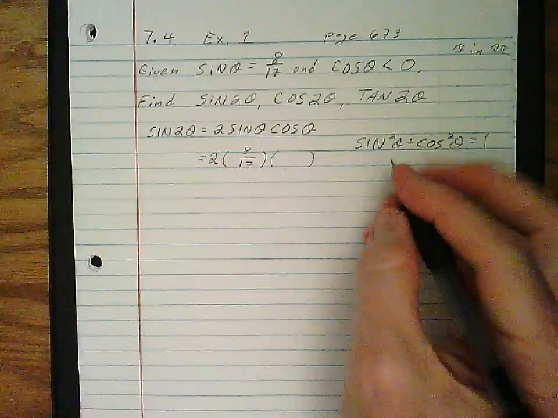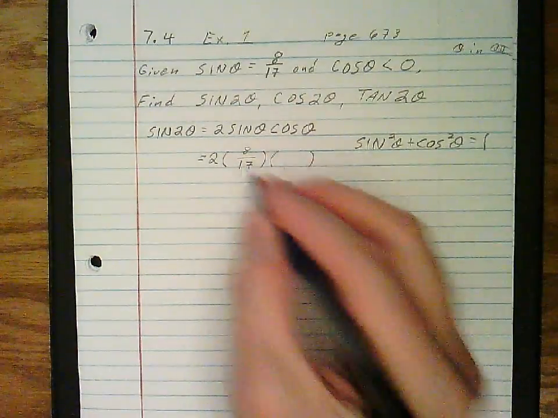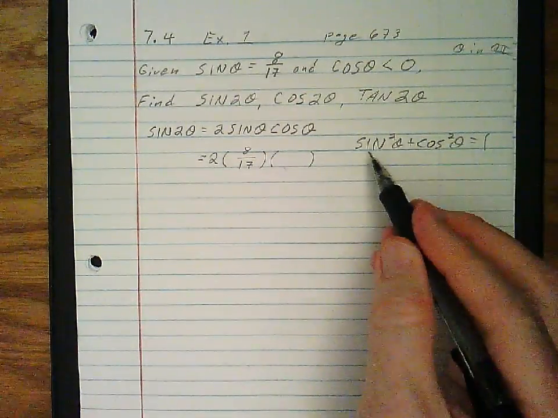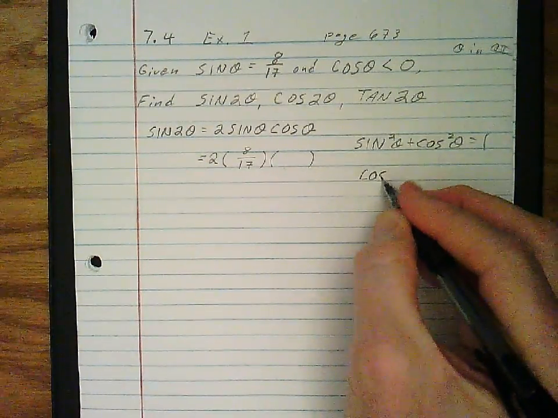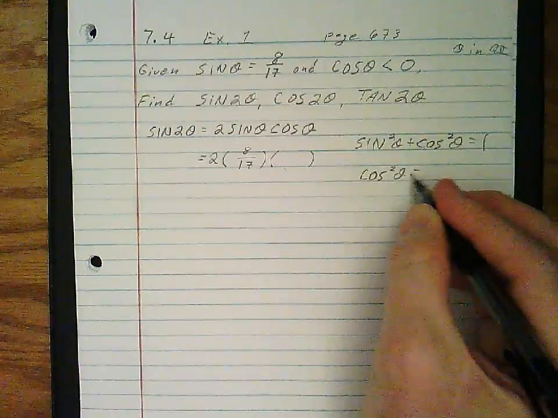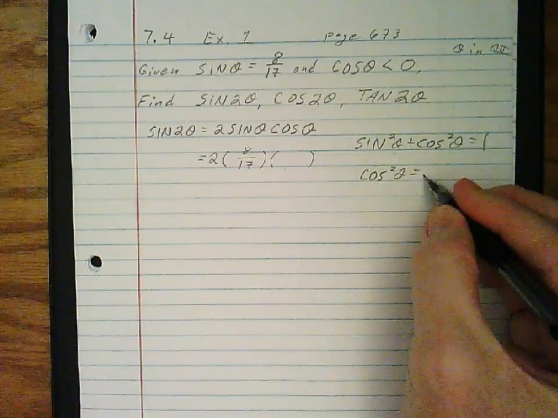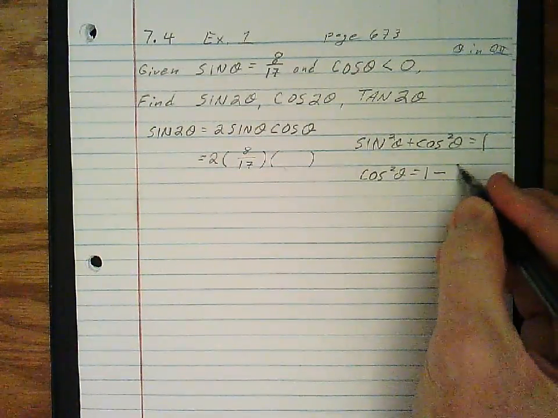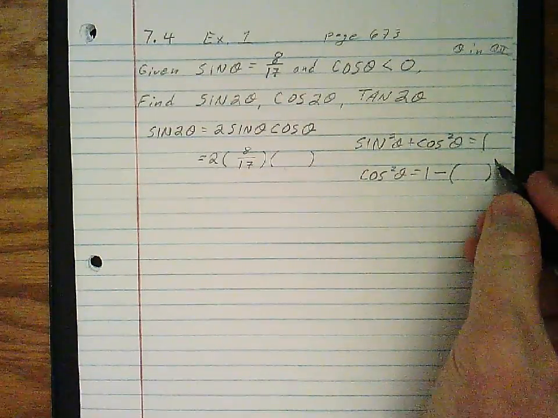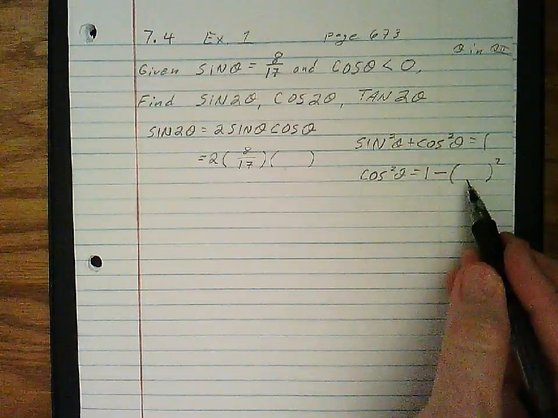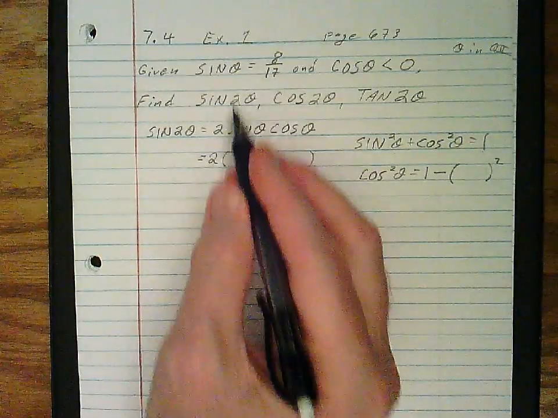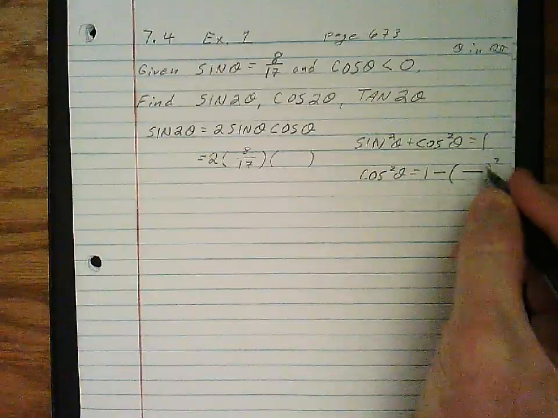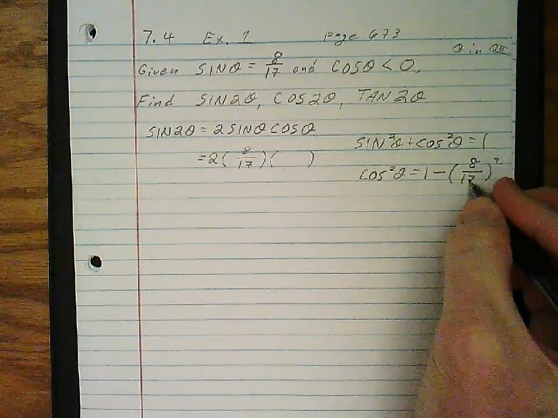We know that sine is 8 over 17. I know that if I subtract sine squared from both sides, I'm going to have cosine squared theta equals 1 minus sine squared theta. 1 minus, I'll put parentheses here, sine theta squared goes right in here, and I know that sine theta is 8 over 17, so I can plug that right in here.